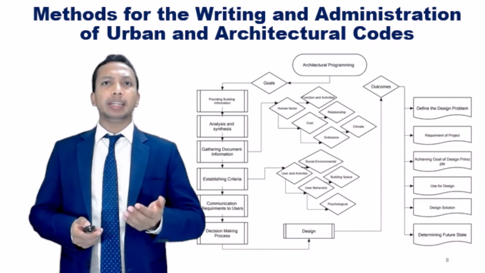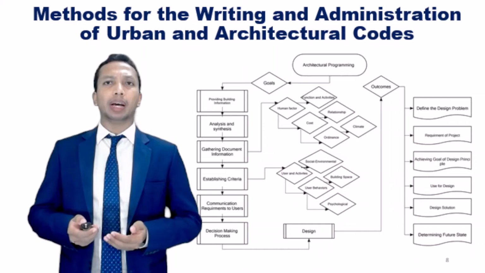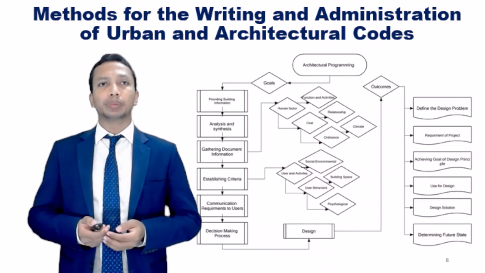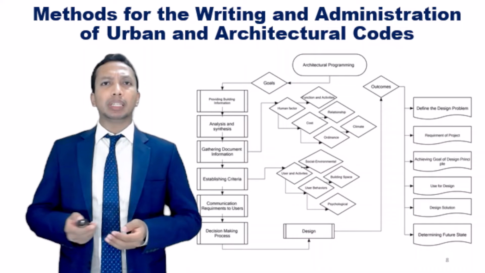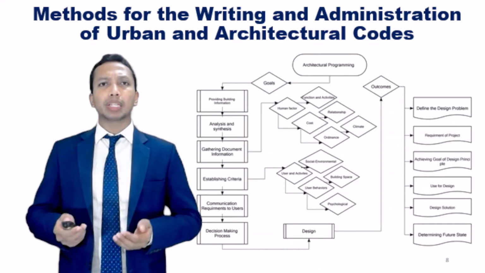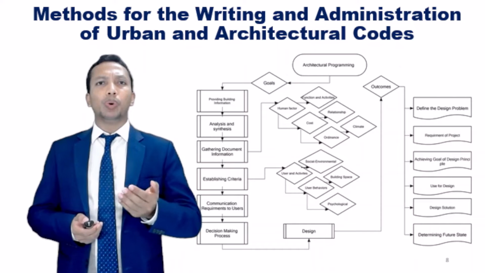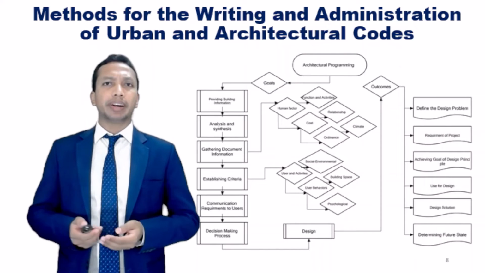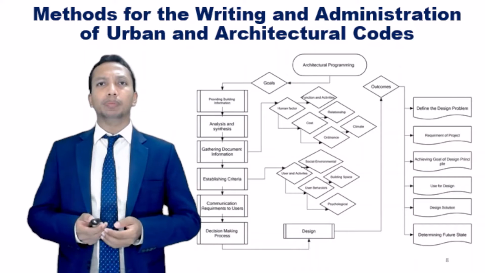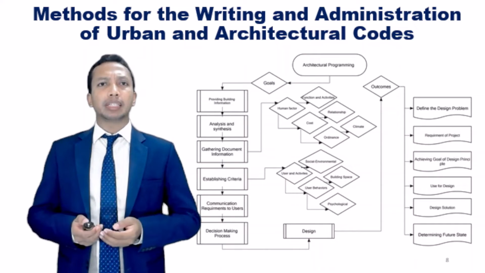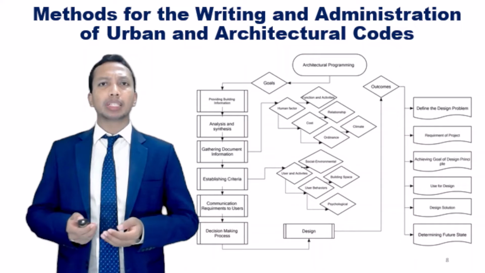Method for the writing and administration of urban and architectural codes. As guardians of the broader public interest and the long-term perspective, planners must know how to describe, illustrate, code, and judge good city form. This creates the framework within which individuals' acts of city building will occur.